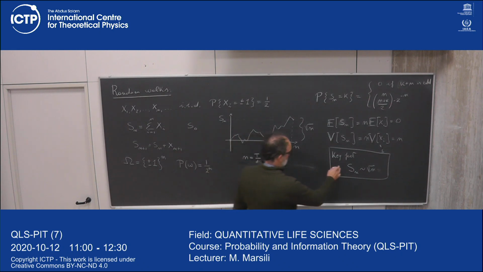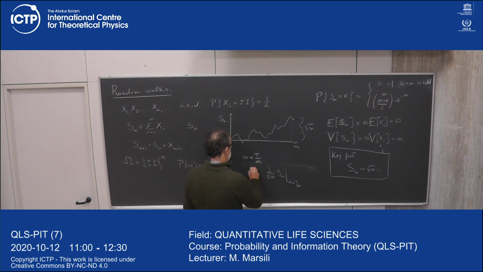So this tells you that if you take 1 over square root n times Sn, computed in n equal to t divided by dt, and then take the limit when dt goes to 0, what happens?